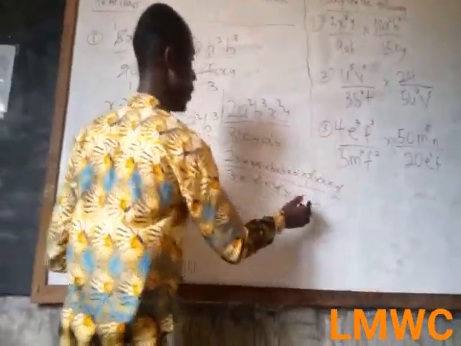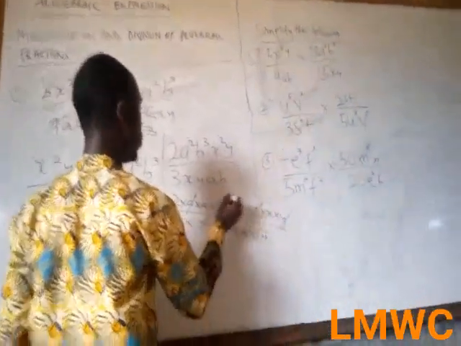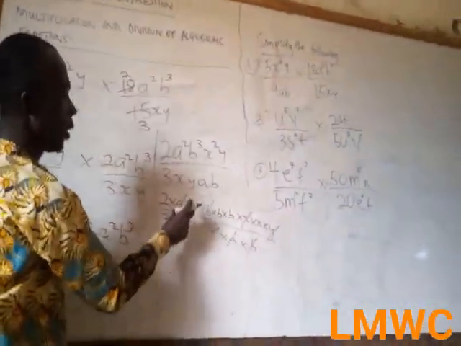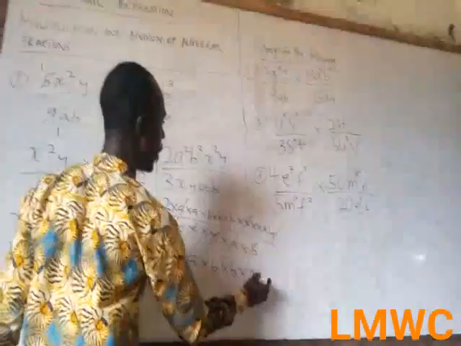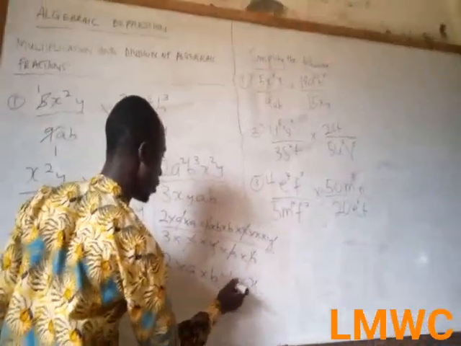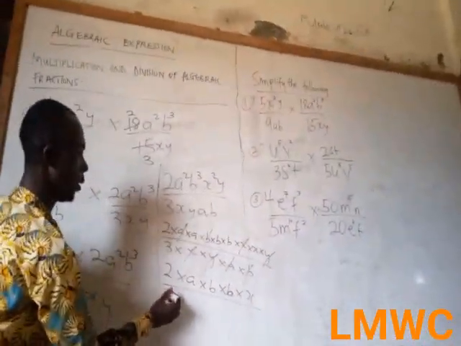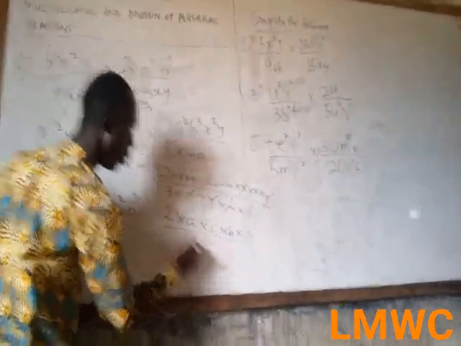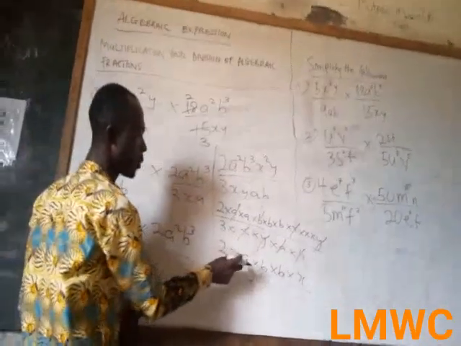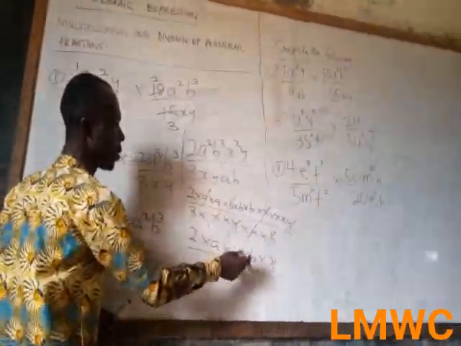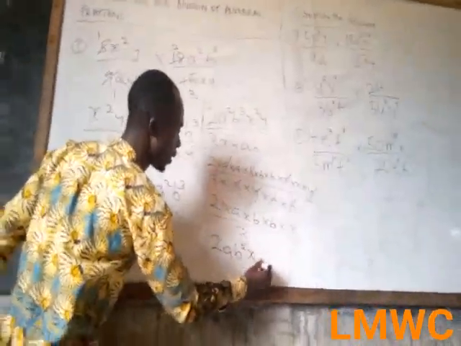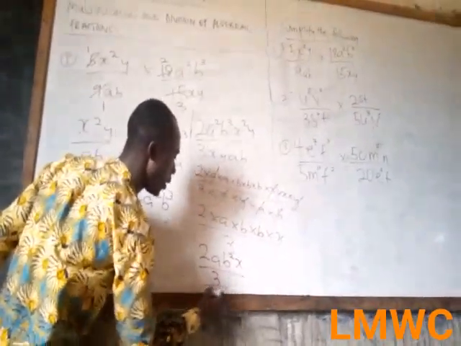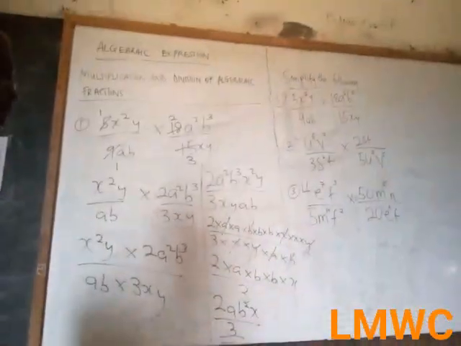This will cancel this. a will cancel a and b will cancel b. So we have 2 times a times b times b times x over 3, because we have cancelled all of them. So 2 times a is 2a times b times b times x. So it becomes 2ab squared x over 3. That's your answer. 2ab squared x over 3.